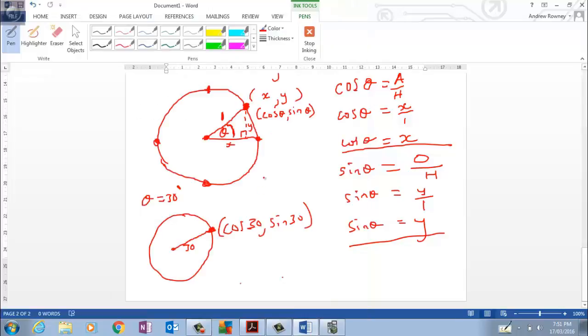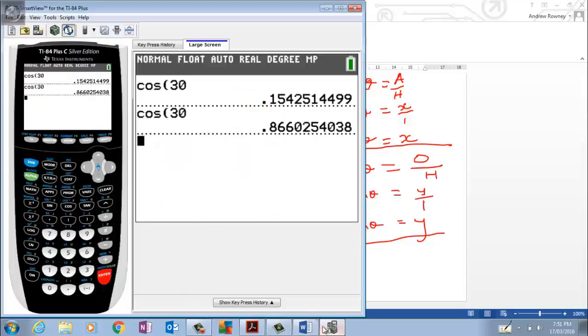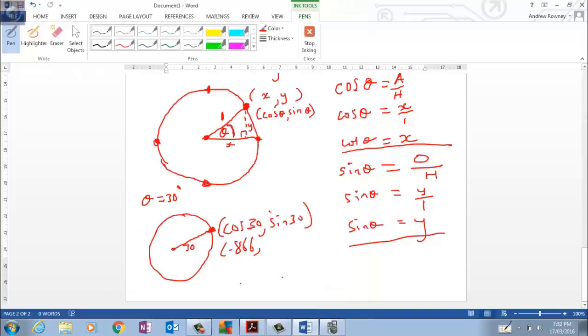So come back in here and put 0.866, and now we've got to follow it up with sine 30. So if we do sine 30 equals, it's a half. So it's 0.866 followed by a half. That's the coordinate of that 30-degree spoked point on a unit circle.